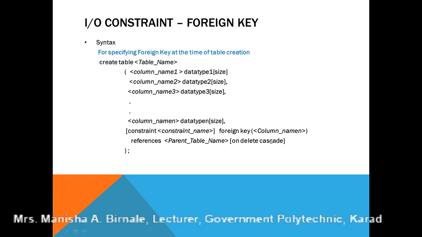If on delete cascade is written, then when an entry from the parent table is deleted, the corresponding entry from the child table is automatically deleted. And if this clause is not written, then an error may occur when you try to delete a record from the parent table which is referred to in the child table. We will see it practically later.